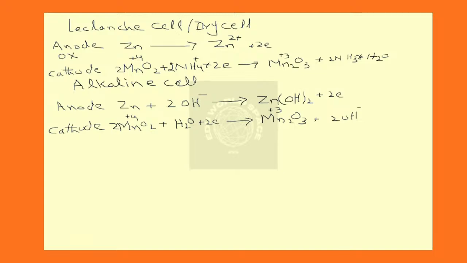In case of the nickel cadmium battery, at the anode, cadmium is oxidized, taking 2 hydroxyl ions from the base.